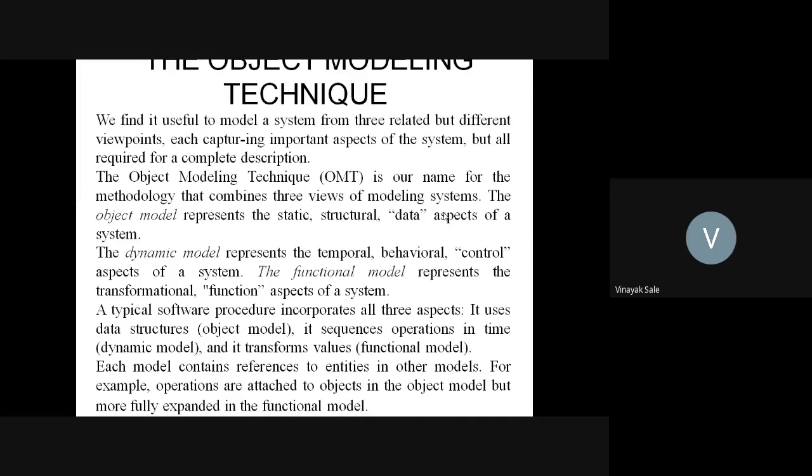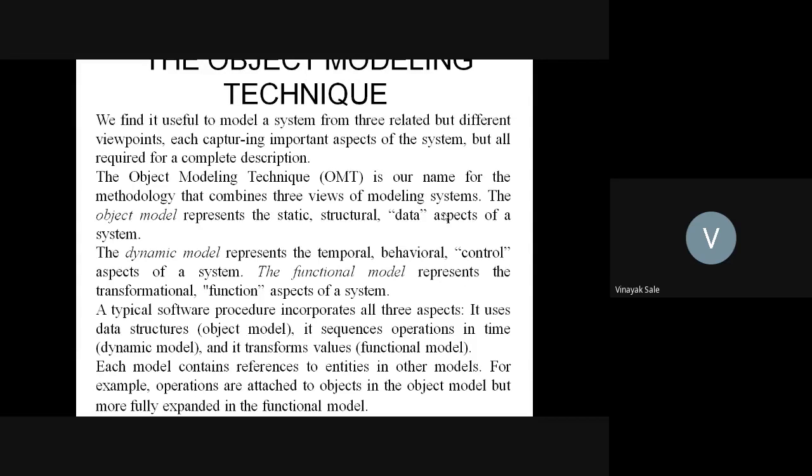Then the object modeling technique. We find it is useful to model a system from three related but different viewpoints, each capturing important aspects of the system, but all required for a complete description.